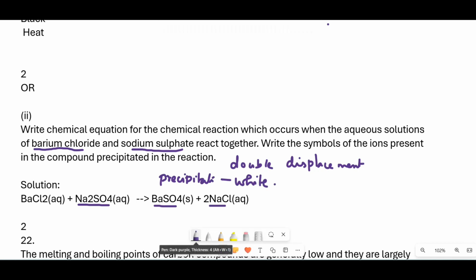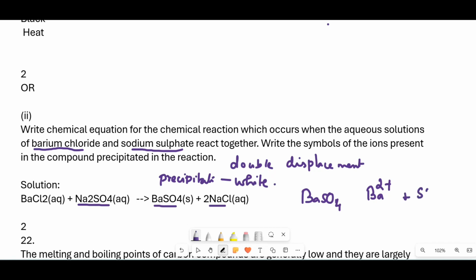So here the ions of BaSO4, what are the ions here? Ba2 plus and SO4 2 minus. Okay.